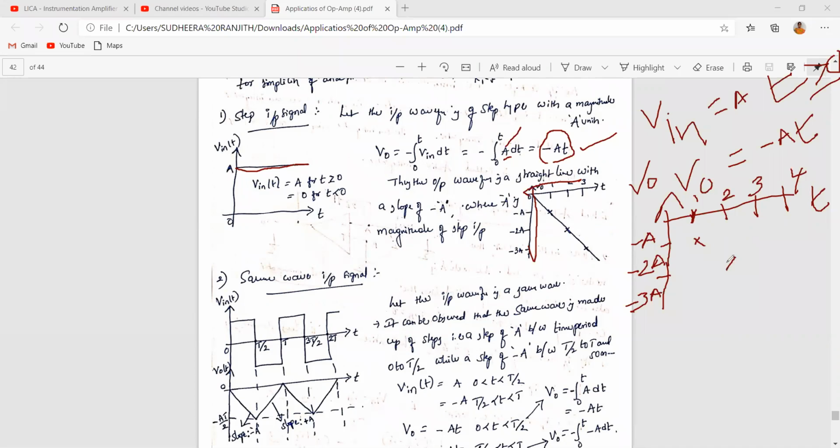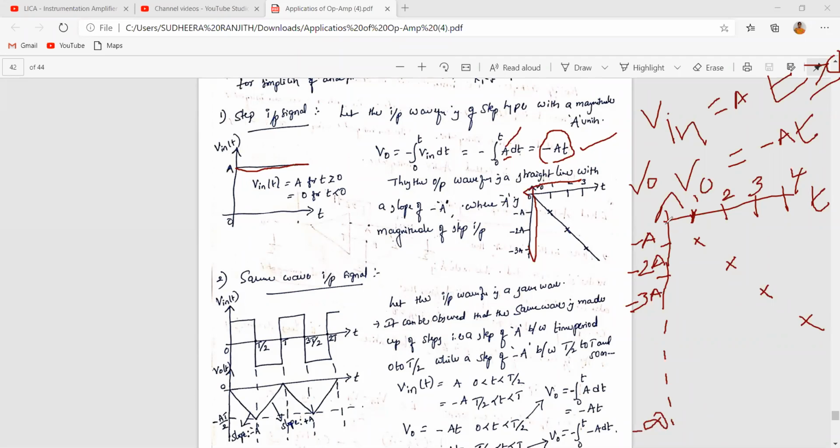Minus 2A, sir. At t equal to 3, minus 3A, sir. At t equal to 4, minus 4A, sir. At t equal to infinity, minus infinity, sir. ikkada minus infinite undi.